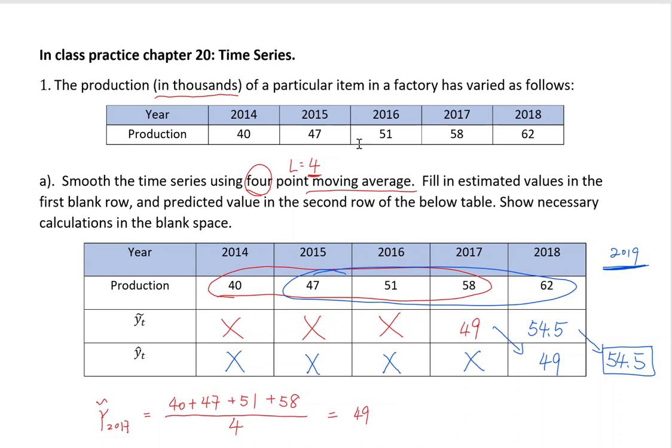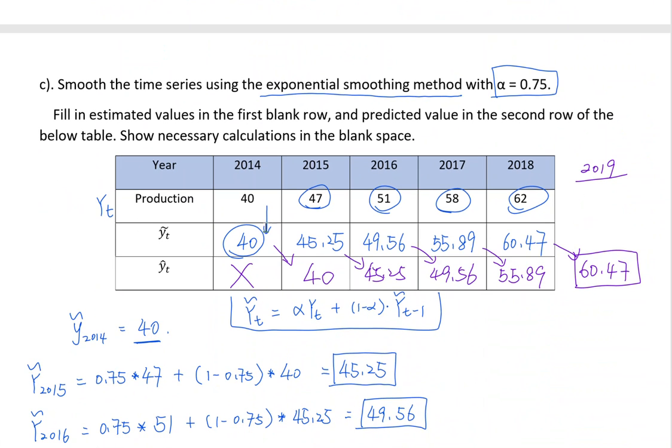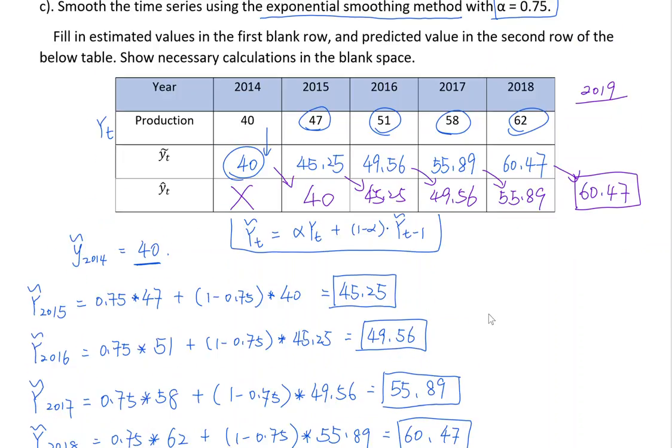For the moving average method, you need to average L values of the response variable, and for the first L minus 1 periods you don't have any entries. But for the exponential method, you have an estimated value from the beginning, and based on the observed value and the estimated value, you can calculate the next estimated value, one by one.